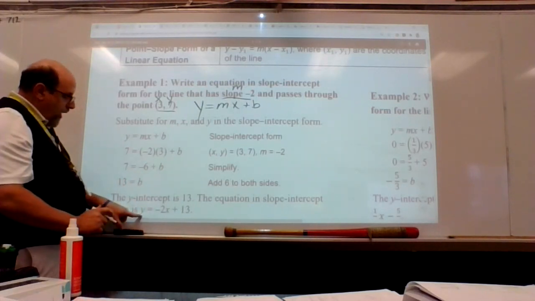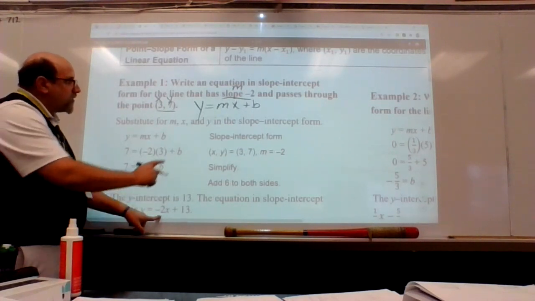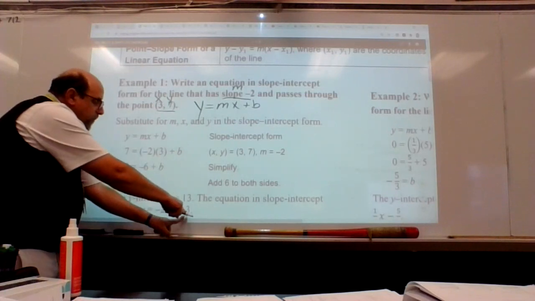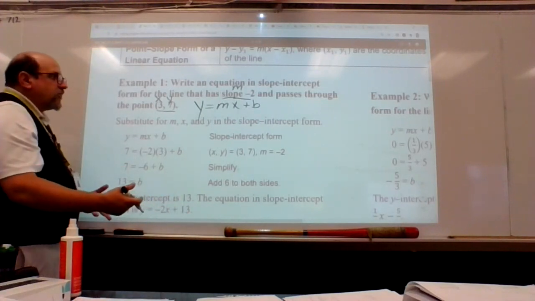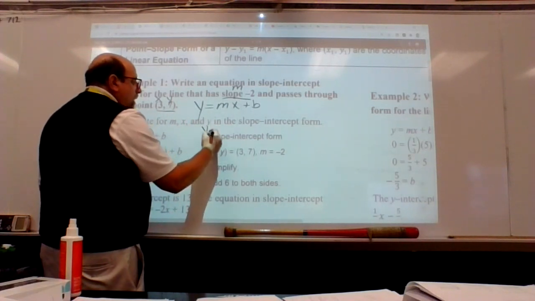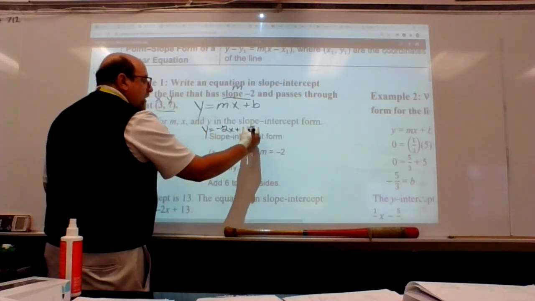So when you rewrite it, you're going to rewrite y equals -2x, that's our slope, and then you're going to add that 13 in for b, and then you're finished. So that final is y equals -2x plus 13.